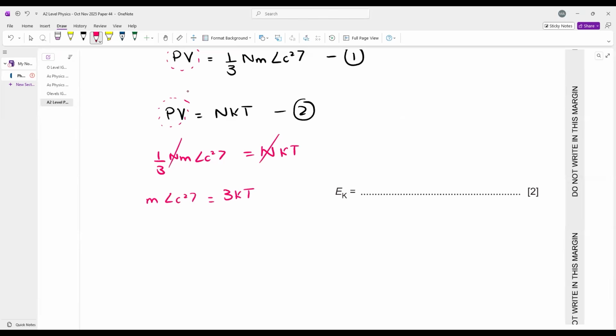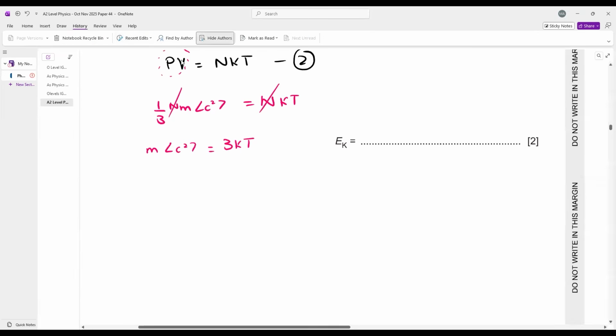What was the formula for kinetic energy? Do you remember it at the back of your mind? What was the formula for kinetic energy? 1/2 m v square. You have velocity squared, you have m. What can you do further? You can divide both sides by 2.